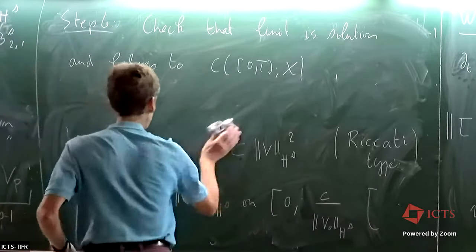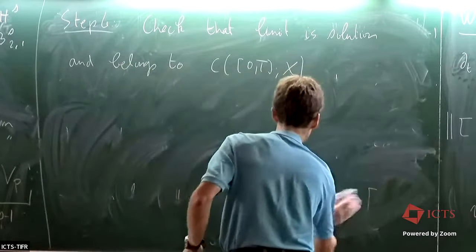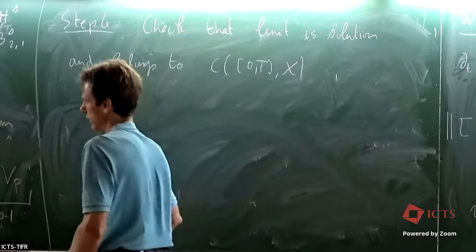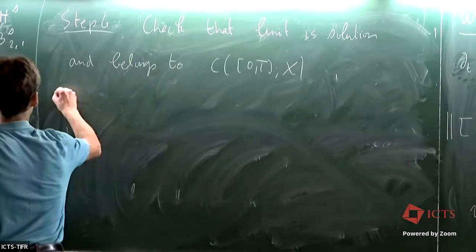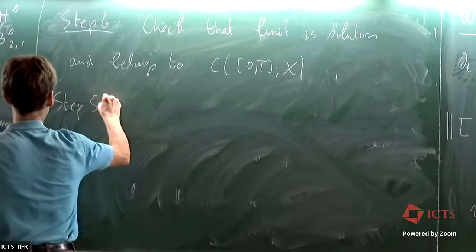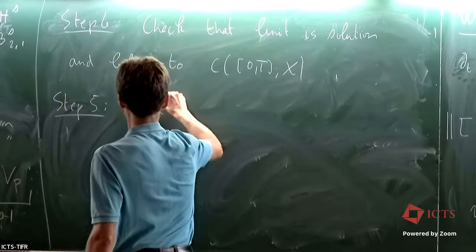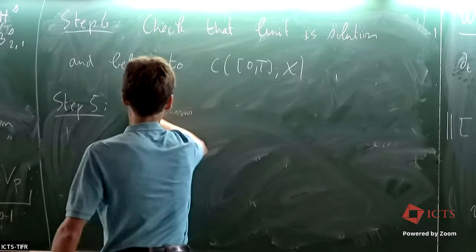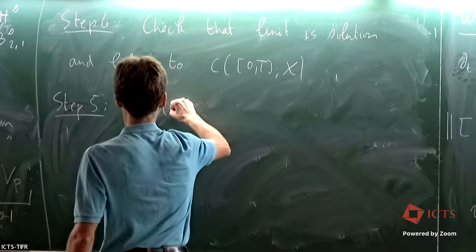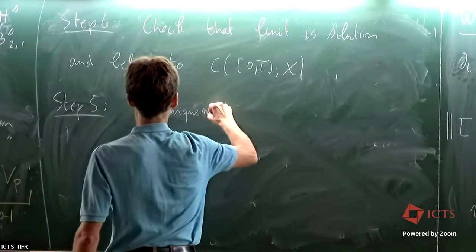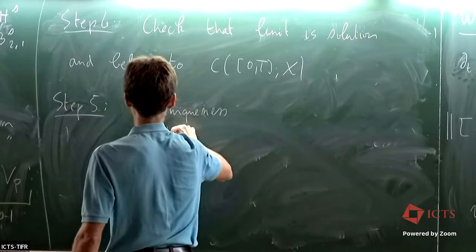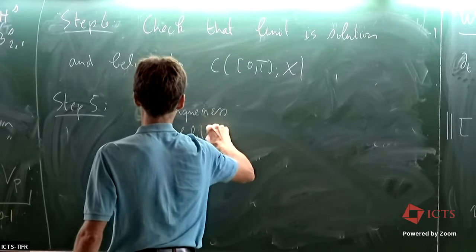And then, of course, you have to prove uniqueness and stability with respect to data, but it is more or less the same as step 3.